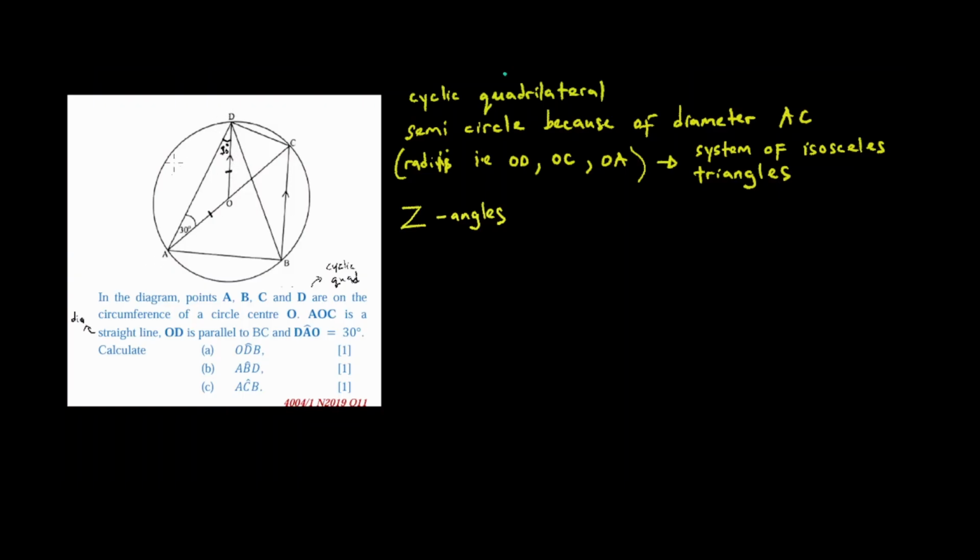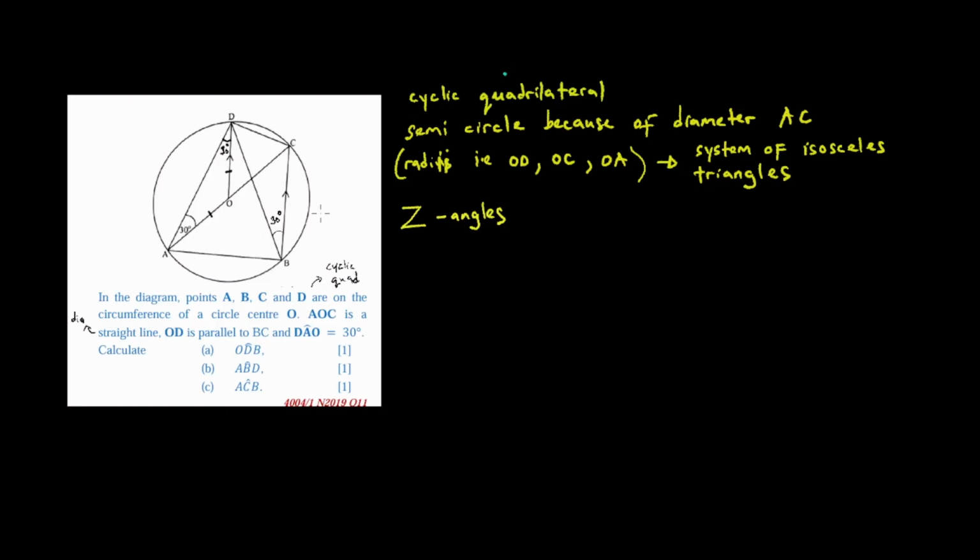So my base angles should be the same. You see what I mean? Base angles should be the same. Okay, but if we look again using DC as the chord, we notice that the angle at A is equal to the angle at B. So here it's also going to be 30 degrees.